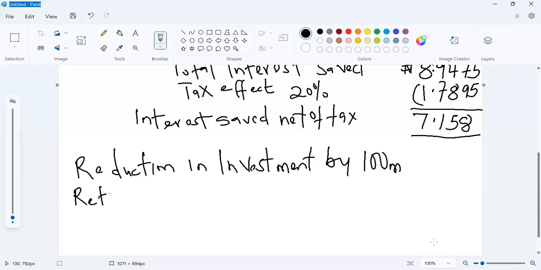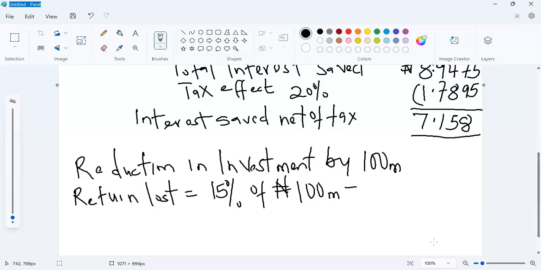Return loss: 15% of 100 million. That will give me 15 million. That means our return will reduce by 15 million.